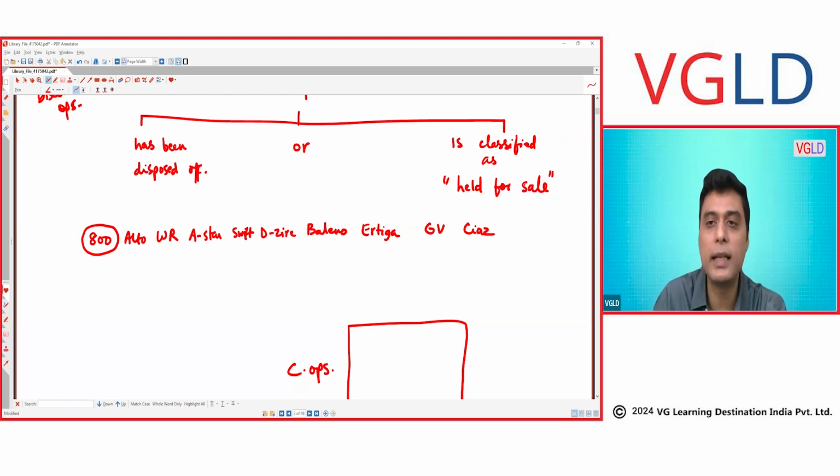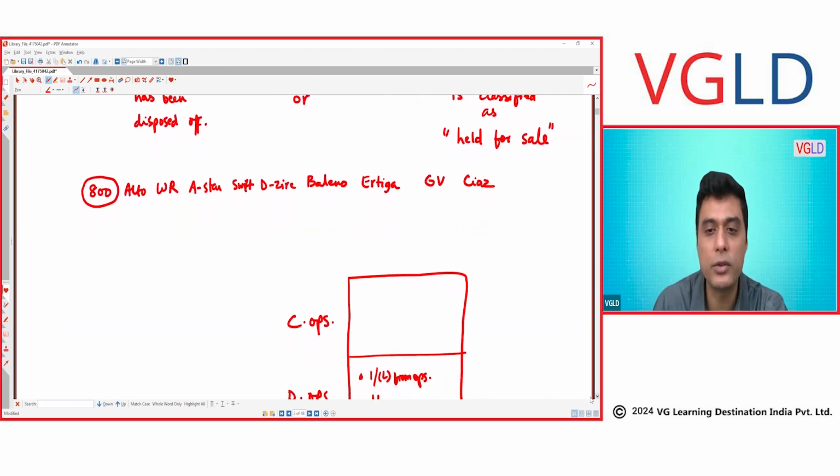That means the company has classified it as held for sale. We are holding it for sale. Either it has been sold off or it is classified as held for sale, then it will come under discontinued operations.